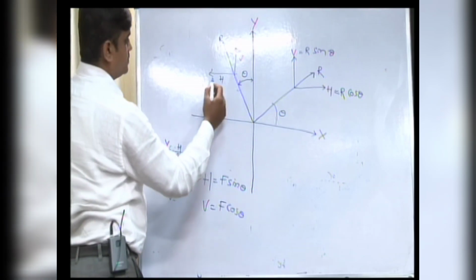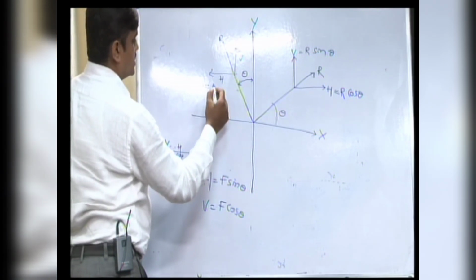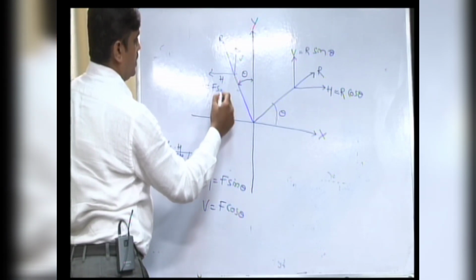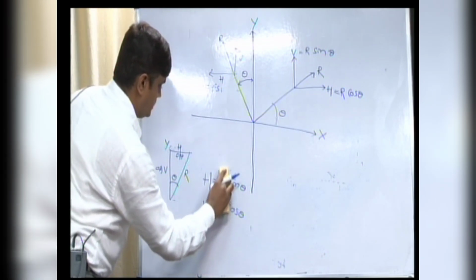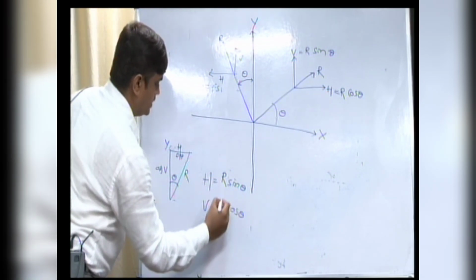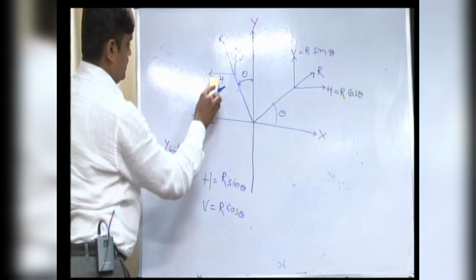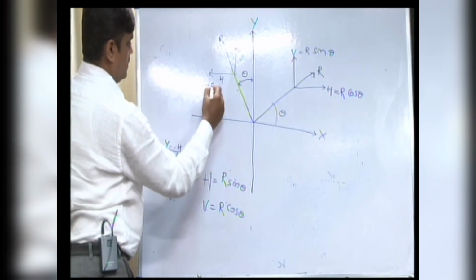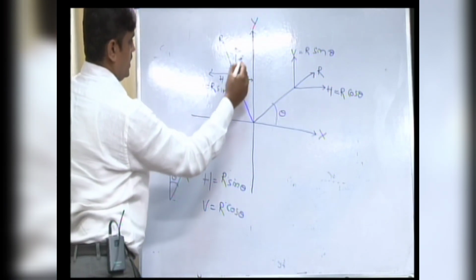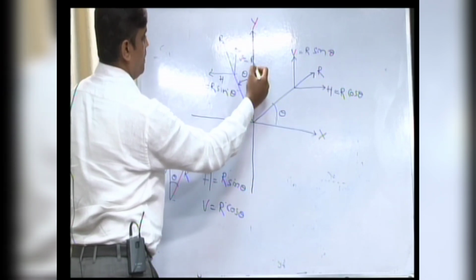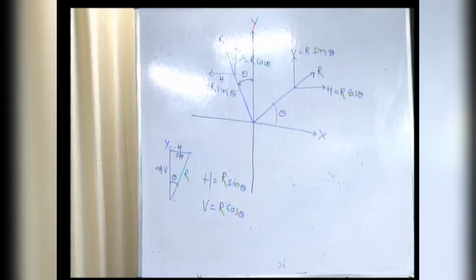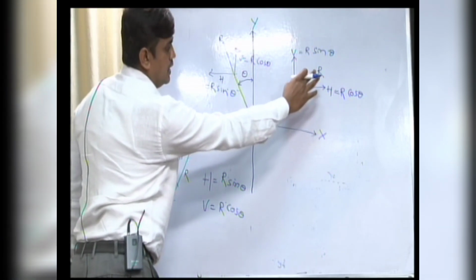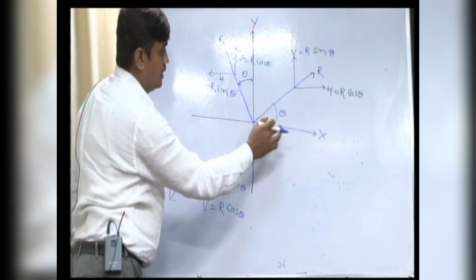Now check this, H is equal to R sin theta and V is equal to R cos theta. I'll repeat once again. Here the force R is making an angle theta with the x axis.